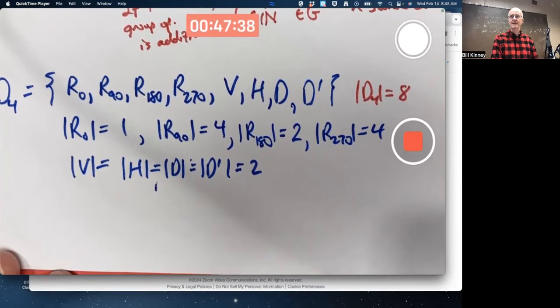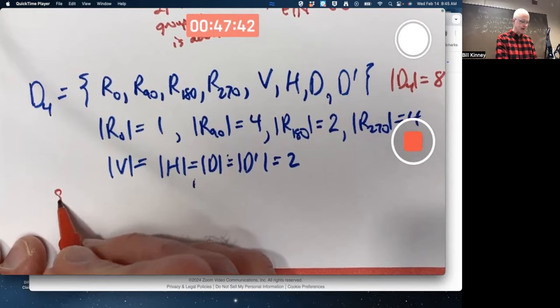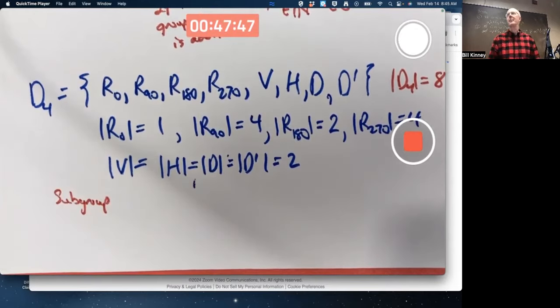Some other important things in chapter 3 include the idea of a subgroup, analogous to subspace in linear algebra. What was a subspace? You had a vector space, like say R3, 3-dimensional space. A subspace was a subset of the vector space that is also a vector space.